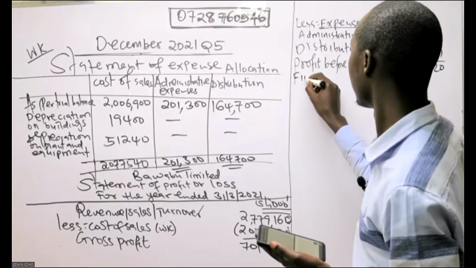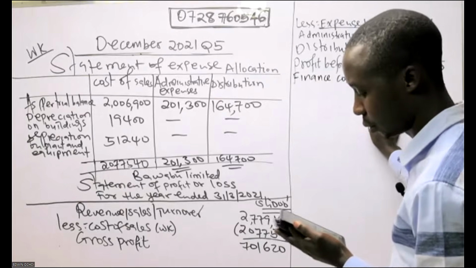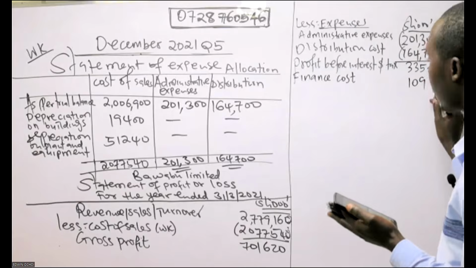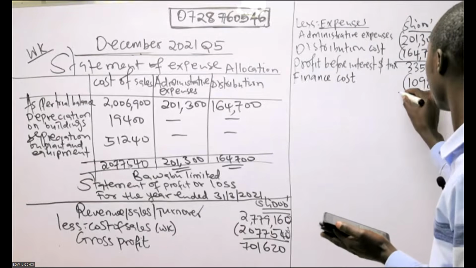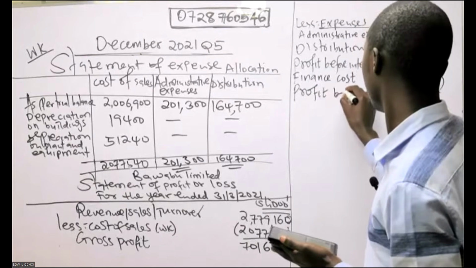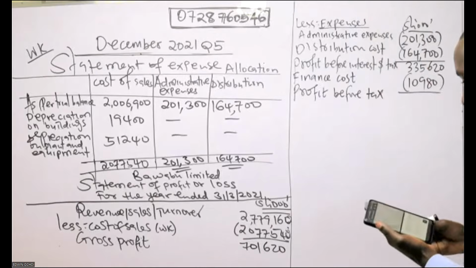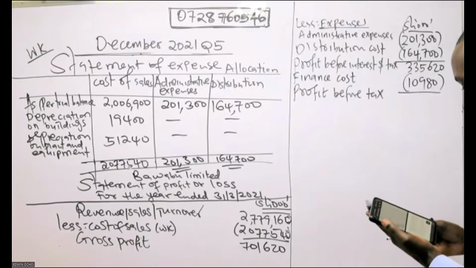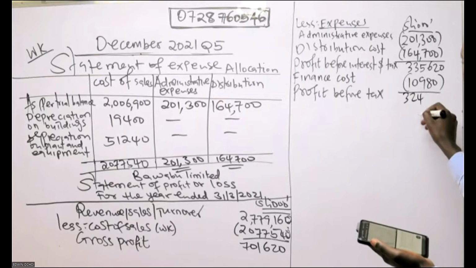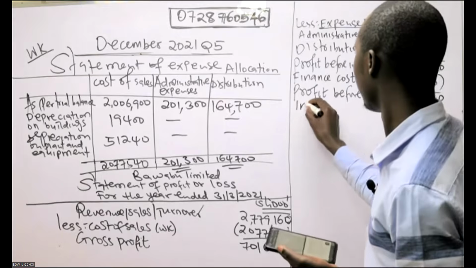So finance cost now is when we deduct the bank interest, which is supposed to be classified under finance cost. That is an interest. So that we get a profit before tax. So this is 324,640.